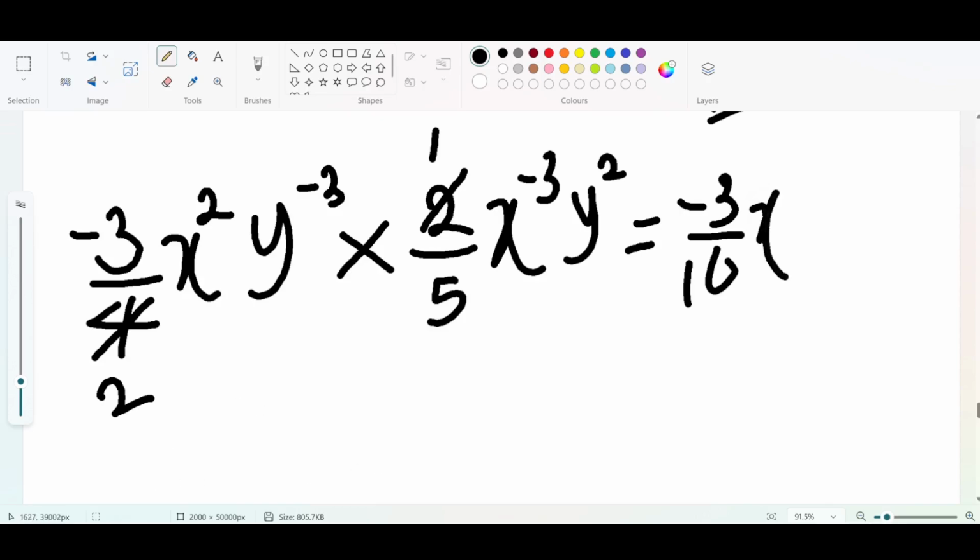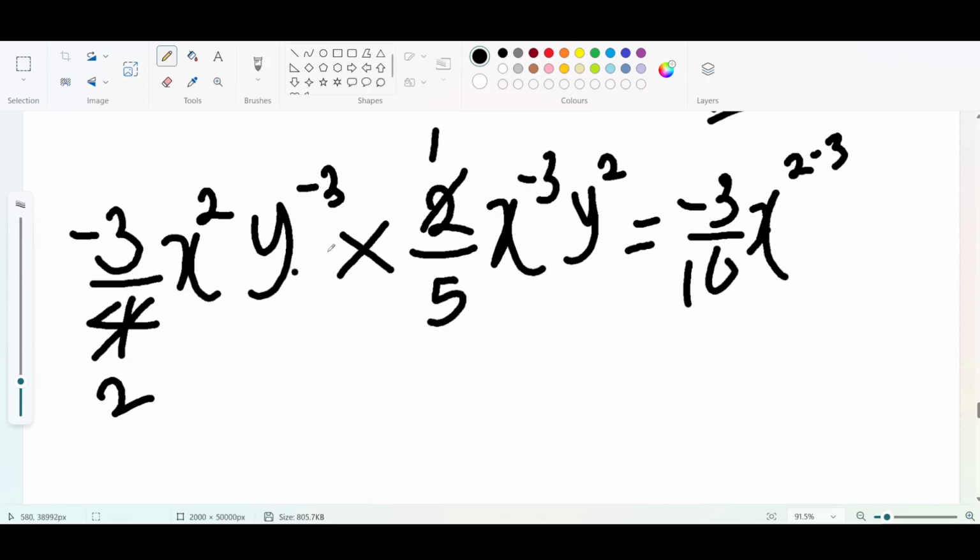So we have x raised to power 2 minus 3, that is the power 2 here and the power minus 3 here. We add them together. Normally it's plus minus 3, but we know that plus times minus is minus.